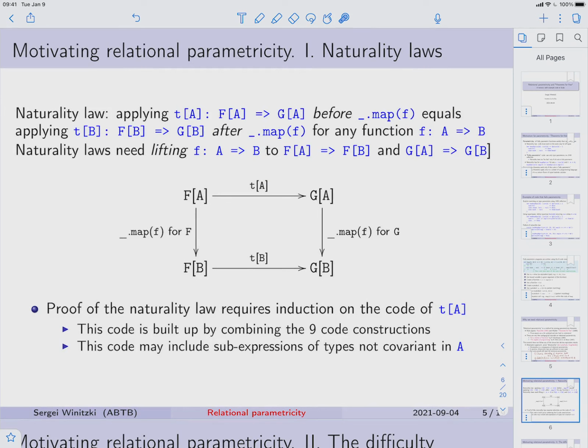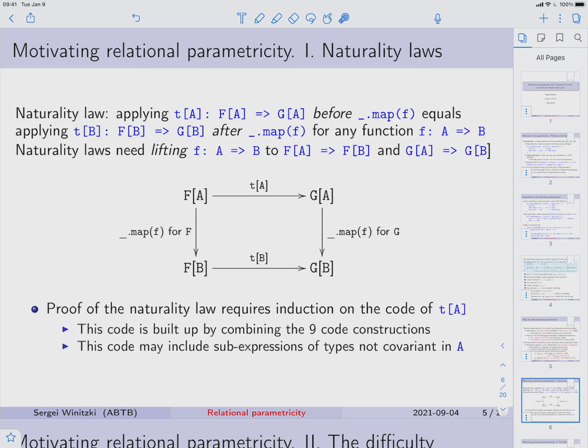So we would have to decompose the code of t into its sub-expressions in order to prove that it satisfies the law. And the sub-expressions need also to satisfy the same law.